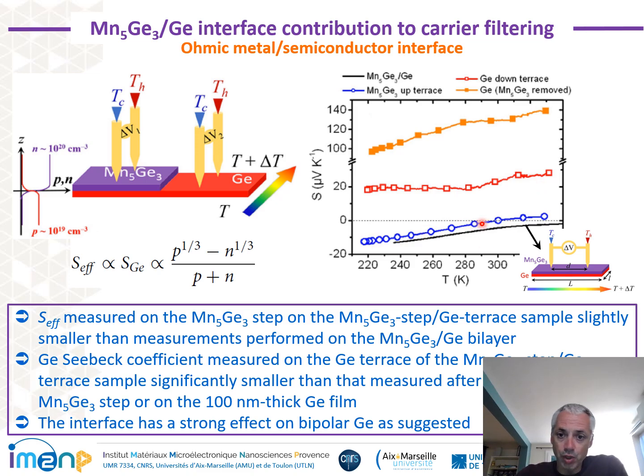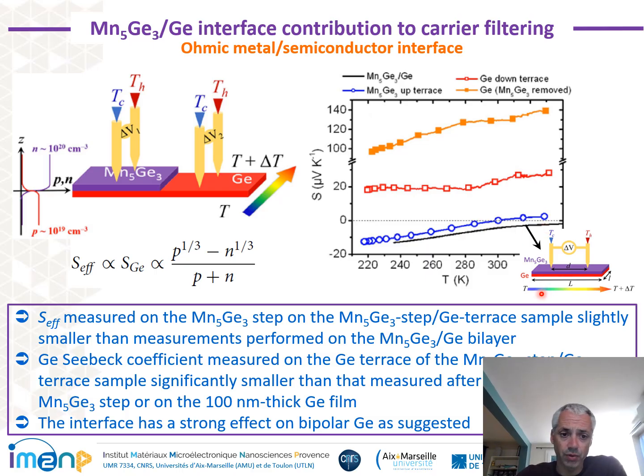The blue measurements here correspond to the Seebeck coefficient measured here on the two layers, and in black here, this is the Seebeck coefficient measured on the bilayer, sorry. And we see that on this upper terrace, the Seebeck coefficient is a little higher than the Seebeck coefficient measured in this geometry on the bilayer, and even one part starts to be positive, changing sign.